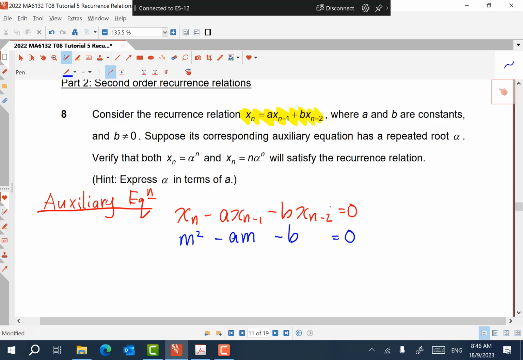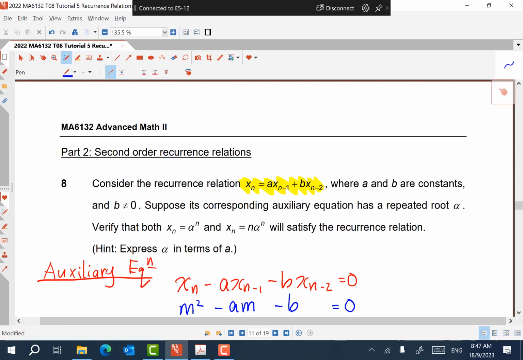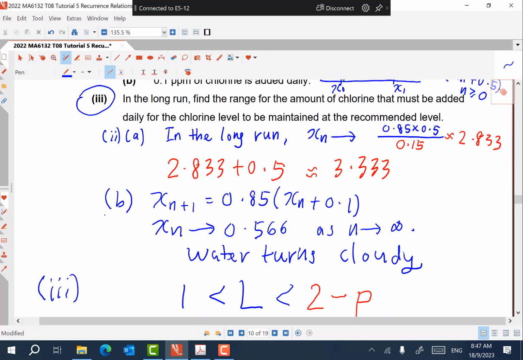Okay, this could be new to you, but we did one question before, wherein we so-called solve the auxiliary equation first. I'm not sure if you can recall. Do you remember?